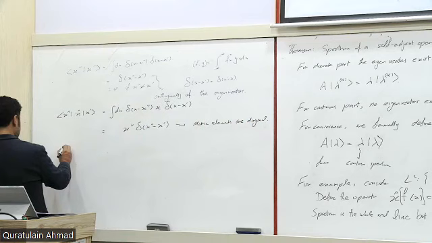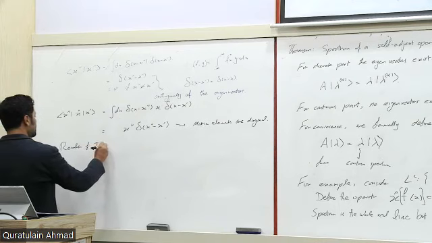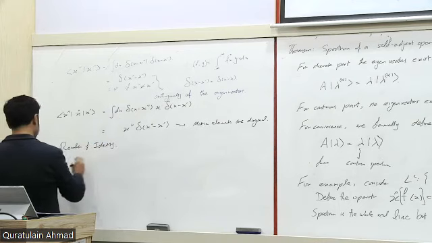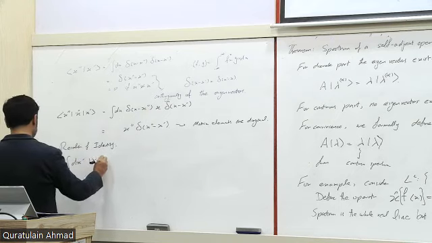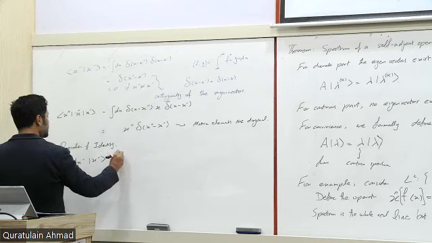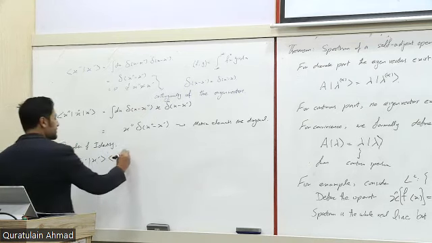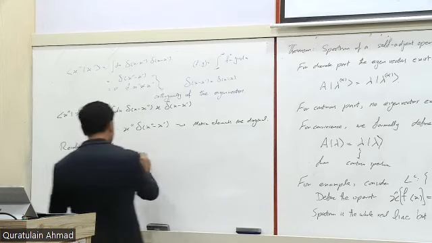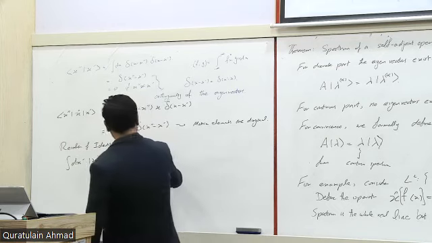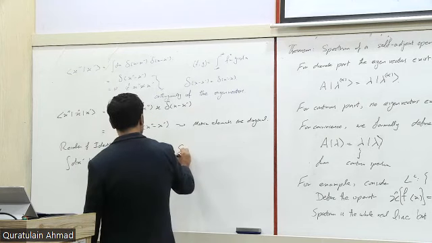And I can check the resolution of identity. So this is the identity, like I wrote over there. So if I apply it on psi, on any ket psi in this space, this formula should look like this. This is this vector.